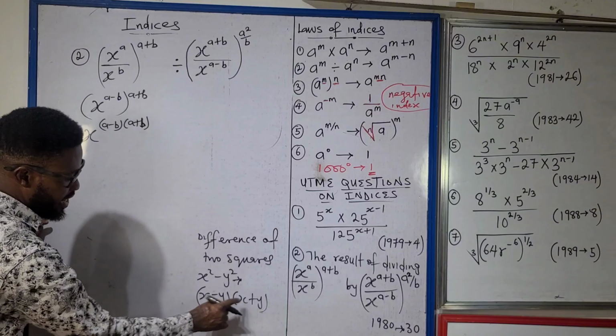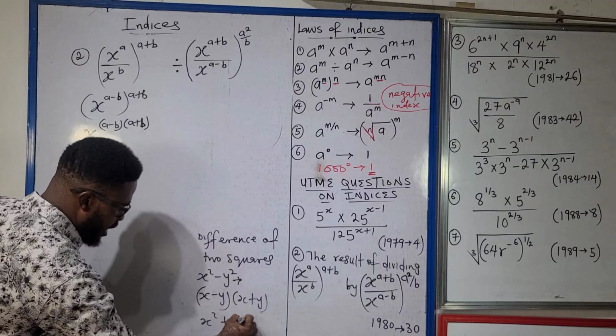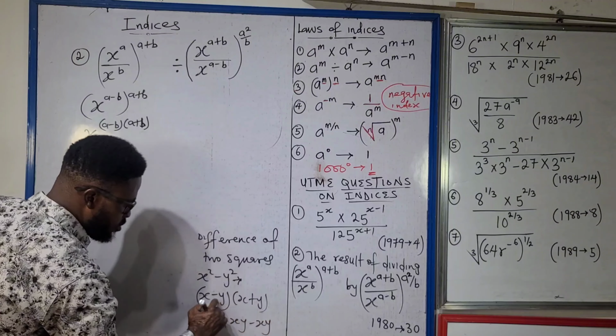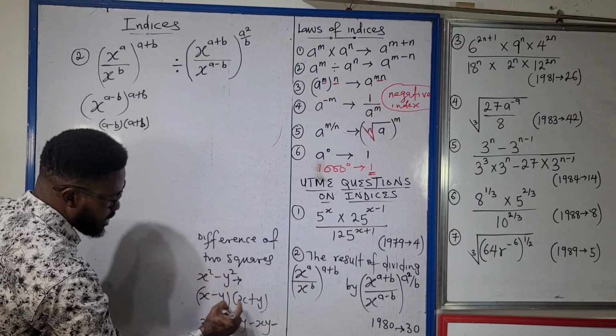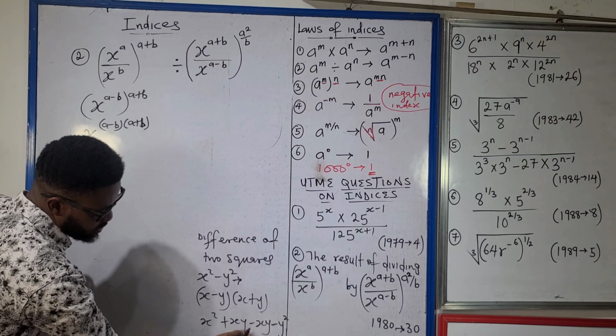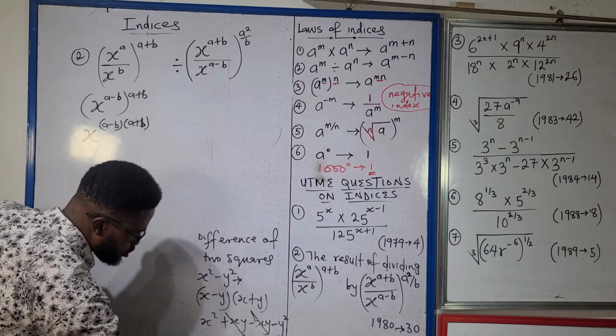Let us expand. X times x, x squared, x times y plus xy, minus y times x minus xy, minus y times plus y, minus times plus is minus, y times y, y squared. So I'm having plus xy, minus xy, I'm going to end up with x squared minus y squared.